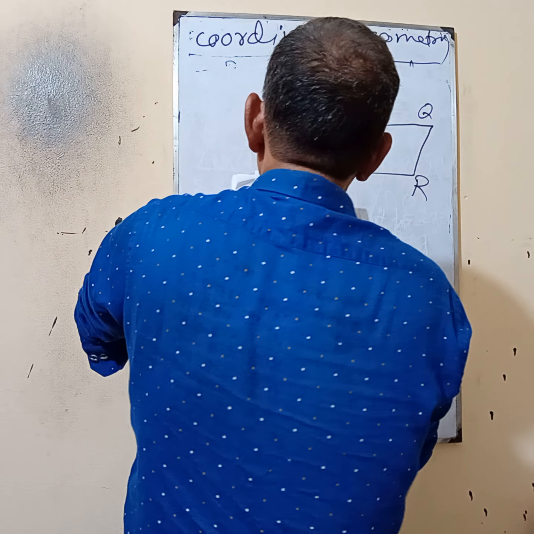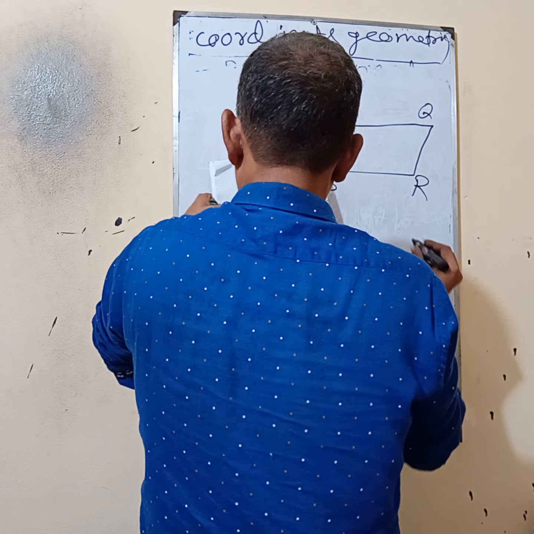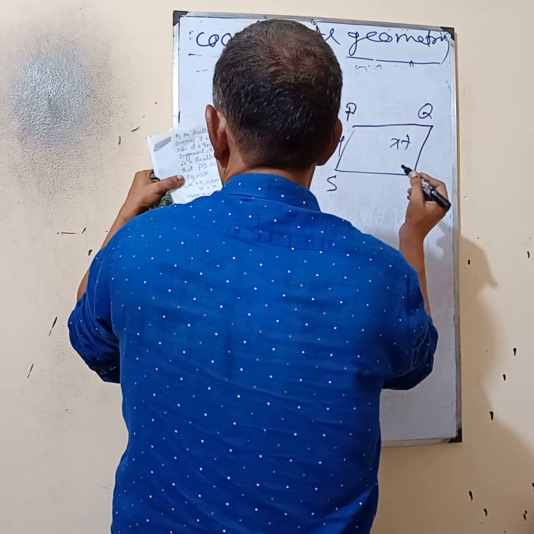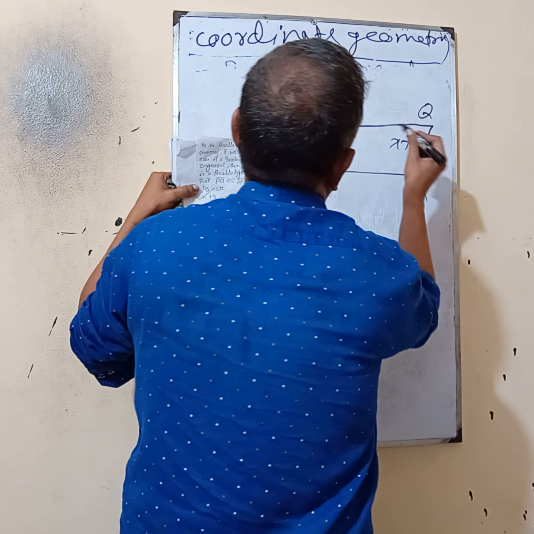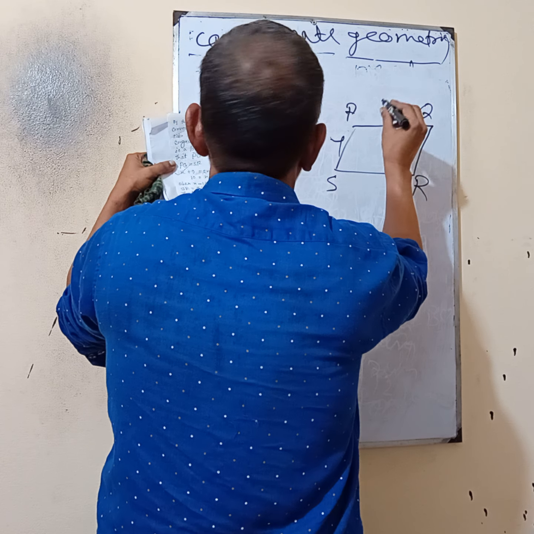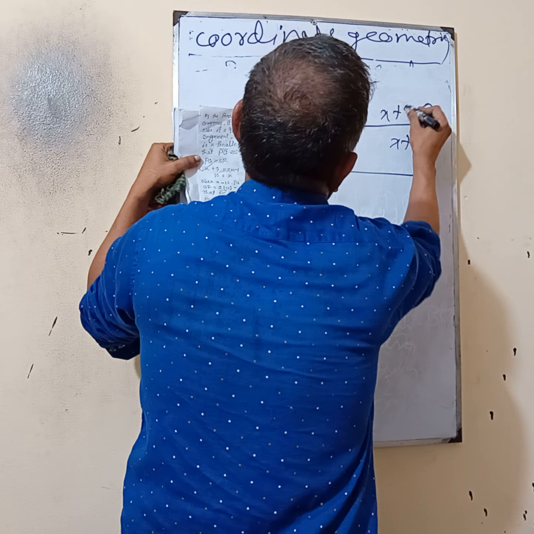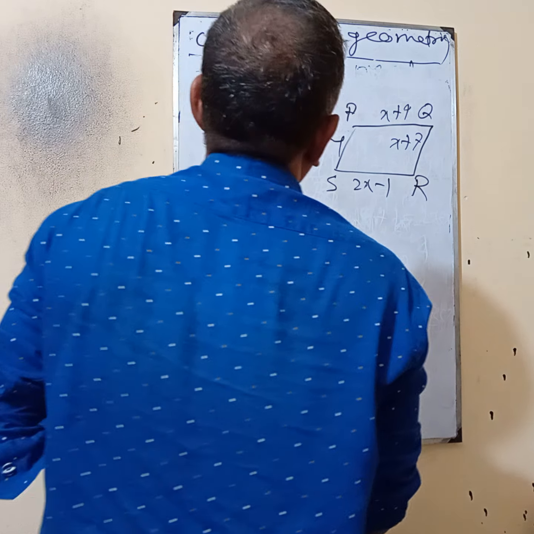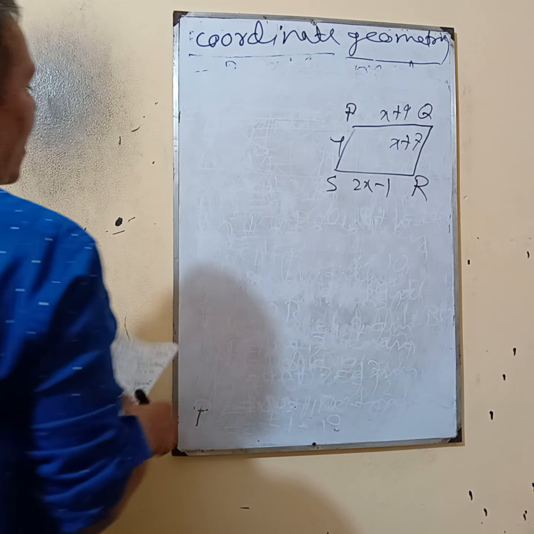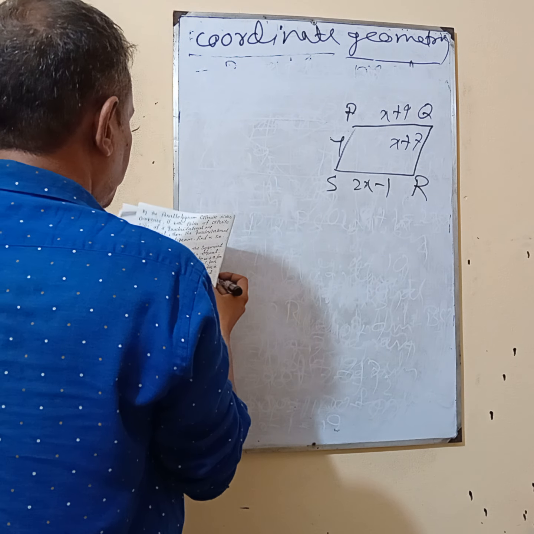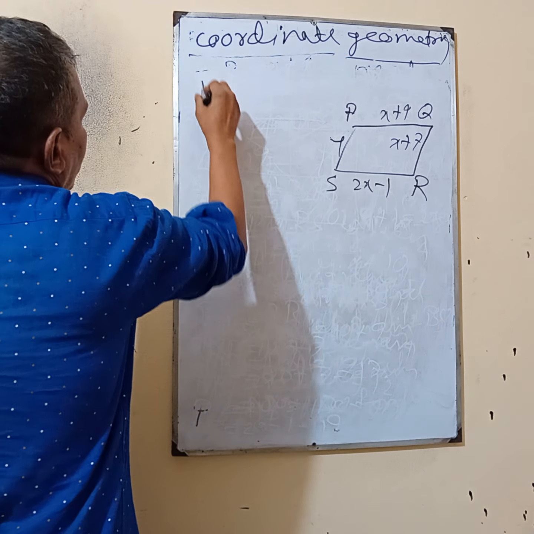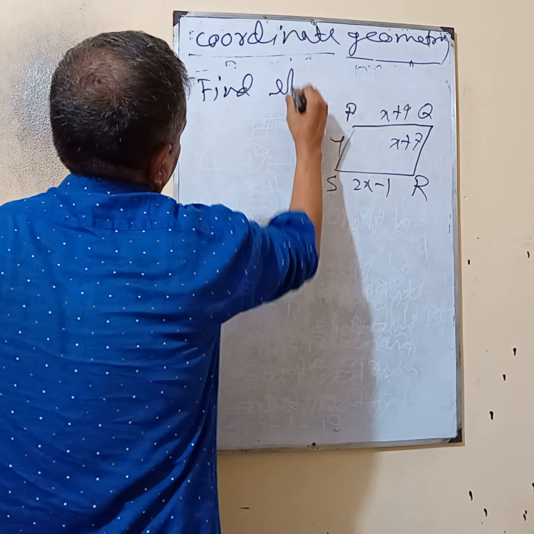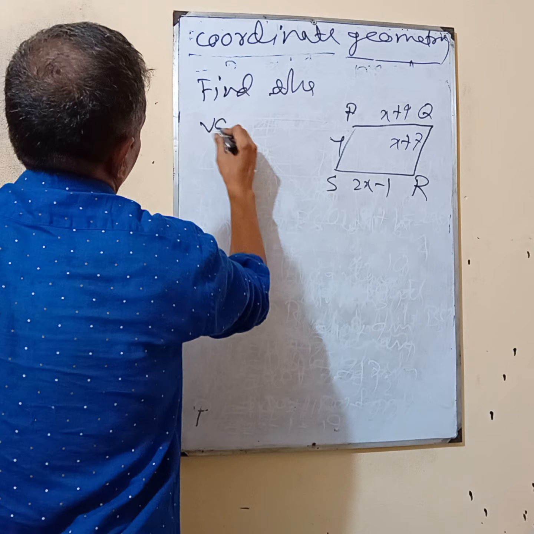Then PQ, RS is equal to what? Y, that is x plus 7, and that is x plus 9, and that is 2x minus 1. I have to discuss the segments to find the value of x.